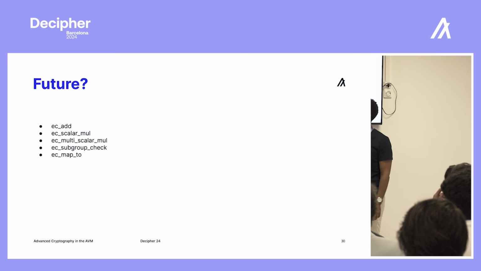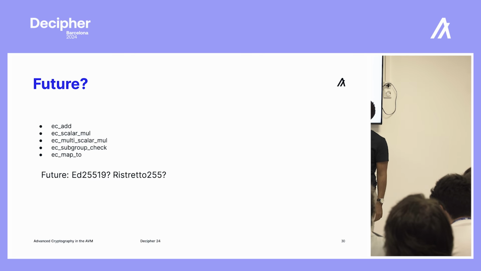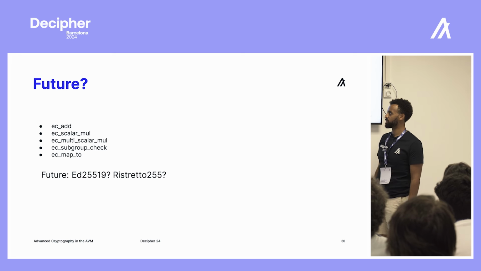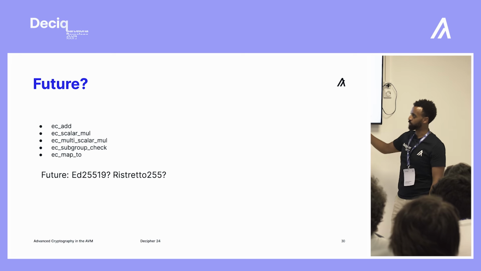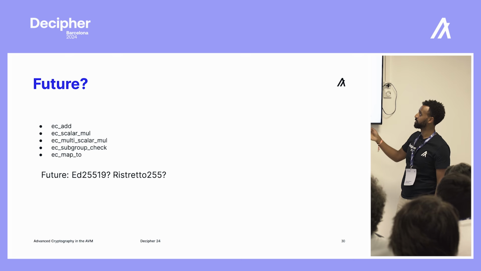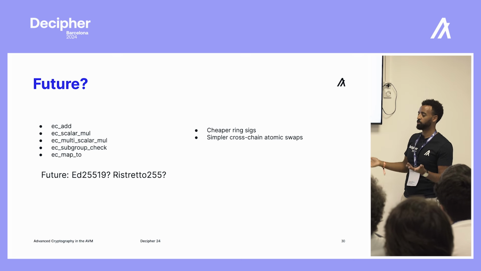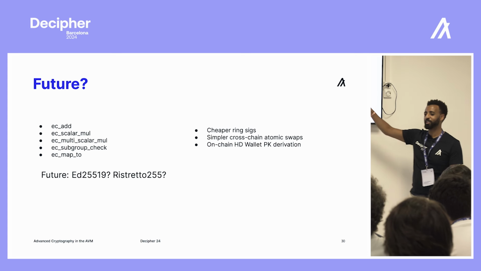So what about the future, right? If you ignore the pairing parts, I would love to see, if you add BLS12-381 for these opcodes. And there's also Ristretto, which is kind of a wrapper around this. Then what we could do is even cheaper ring signatures, simpler cross-chain atomic swaps, on-chain HD wallet public key derivation, which is a mouthful.